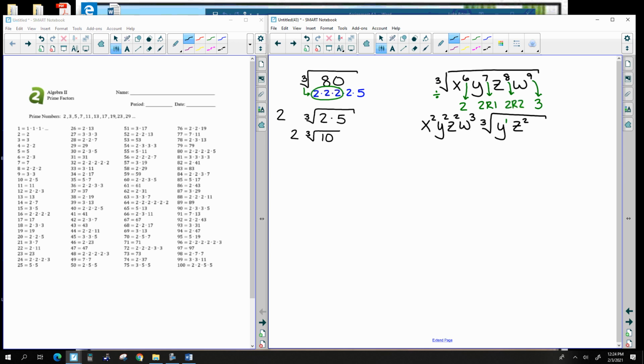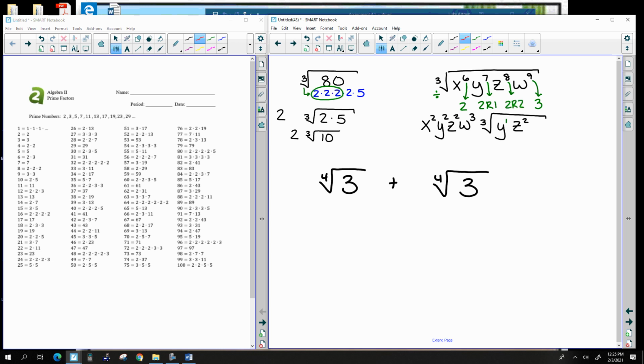Addition and subtraction. I'm only allowed to add and subtract things that are exactly the same. If I have the 4th root of 3, I'm only able to add and subtract other 4th roots of 3.